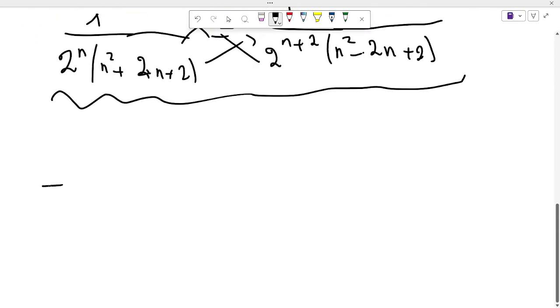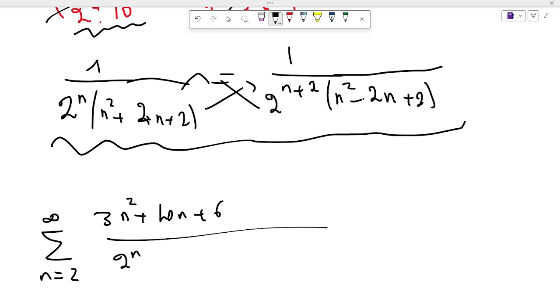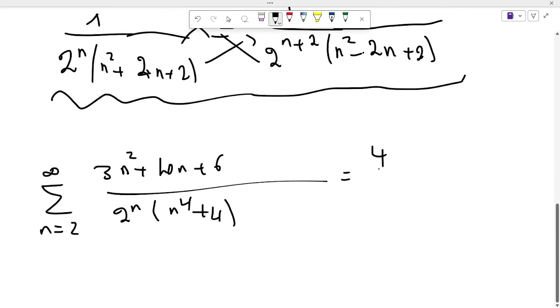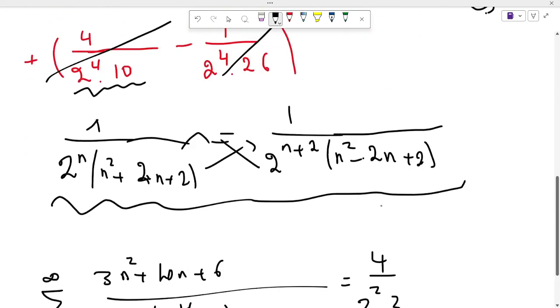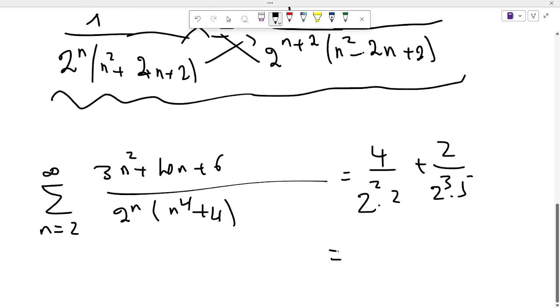So our sum from n equals 2 until infinity of (3n squared plus 10n plus 6) over 2 to the power n times (n to the power 4 plus 4) is actually equal to 4 over 2 squared times 2, plus 4 over 2 to the power 3 times 5, which is 4 over 8 plus 2 over 4.